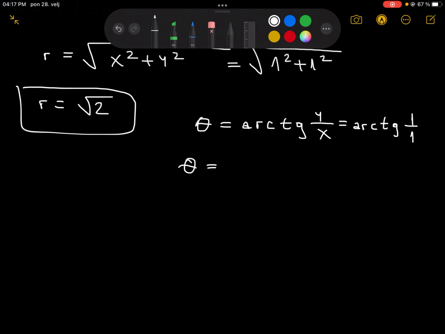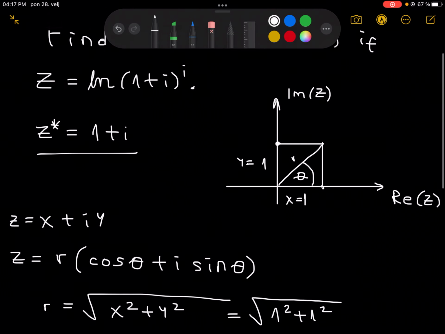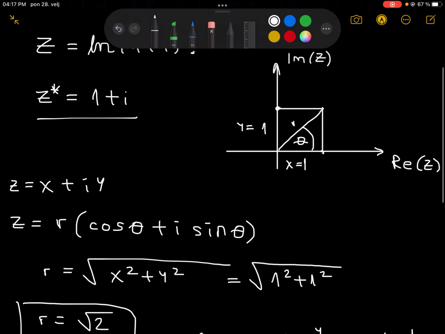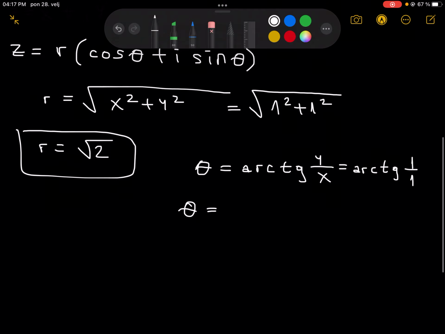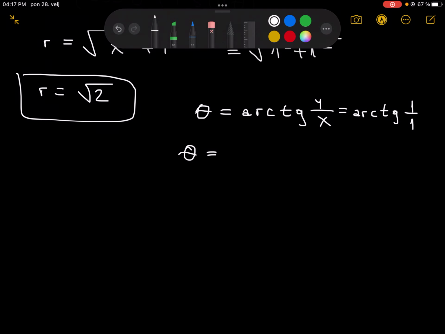The arctangent of 1 has multiple values, but since this complex number lies in the first quadrant, we will take a value of theta from the first quadrant, which is pi over 4.